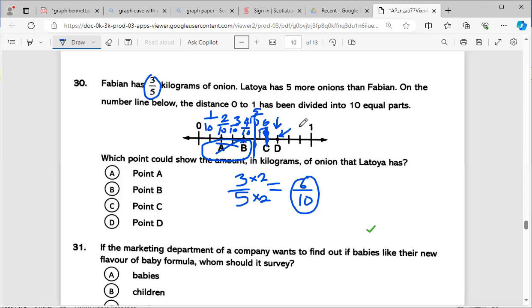They never said all the onions weigh the same. They should say all the onions weigh the same, but they did not say that. You can have more onions and it weighs less. Suppose Fabian has big onions and Latoya has some teeny onions. But we know what the objective is.